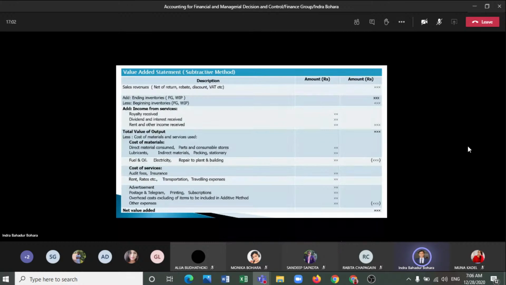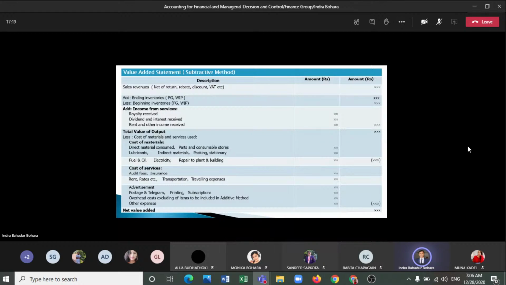But the businessman does not sell at 6,000 rupees, the cost of material and service. Suppose the businessman adds an additional 2,000 rupees and sells for 8,000 rupees, so sales revenue is 8,000 rupees.